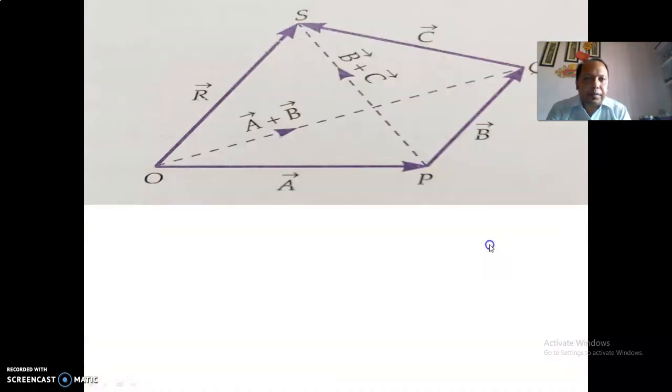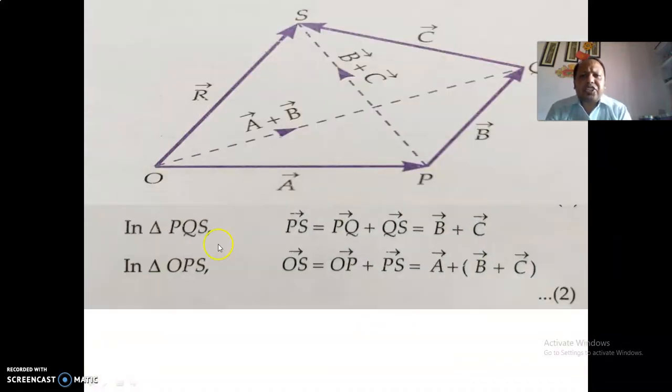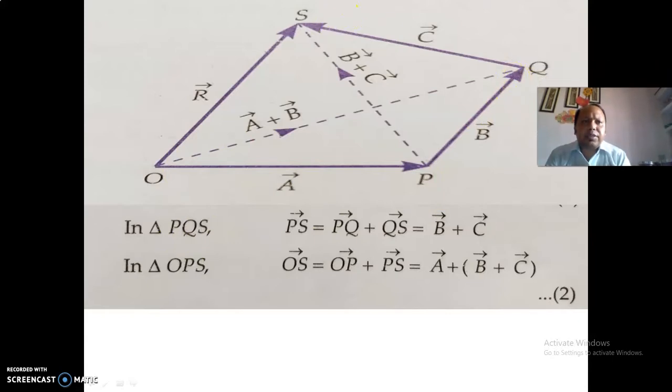Okay. Now let us take another condition where we first take the triangle PQS. Now in this triangle PQS, the two adjacent sides which are taken in the same order, PQ plus vector QS, will give you this vector PS.